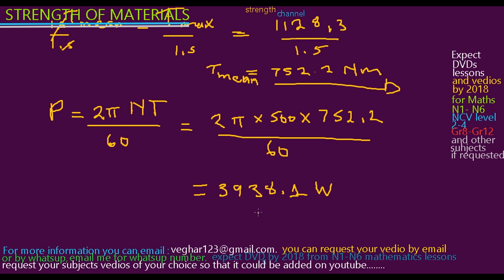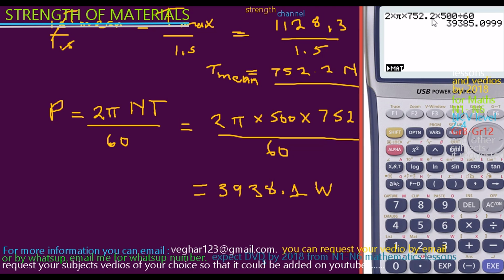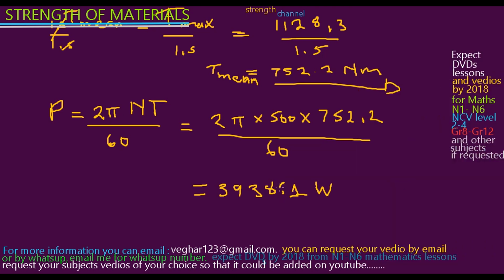But this one you can also convert it to kilowatts. You calculate, pi, 725. Okay, it's 5, it's missing.